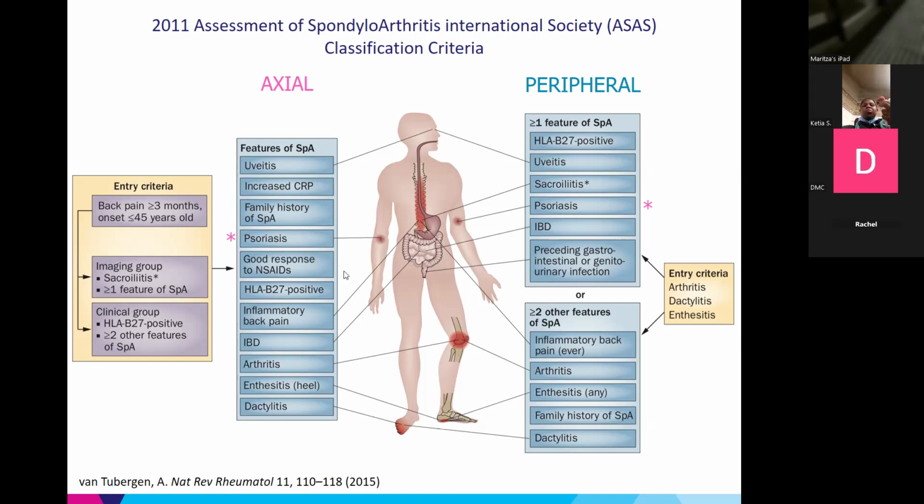So you're recognizing some of the things I already mentioned, which is psoriasis, the HLA-B27 gene, inflammatory bowel disease, enthesitis, that's when the tendon is inflamed when it inserts into bone, dactylitis, that's when a single digit is swollen. So you can see that this is how rheumatologists try to parse it all out.